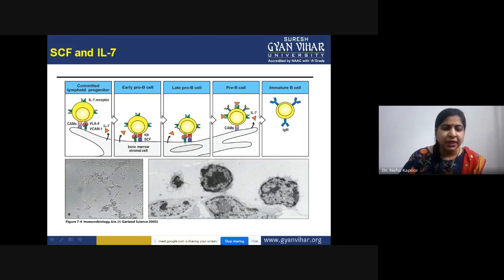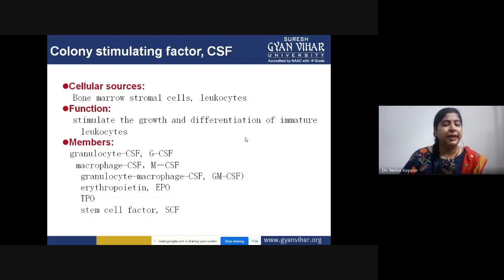As you can see, the late pro B cell is formed, then interleukin 7 is attached again, and then the immature B cell is formed expressing the membrane bound IgM receptor. In response to certain infection, it differentiates into plasma cells so that it can produce antibody.